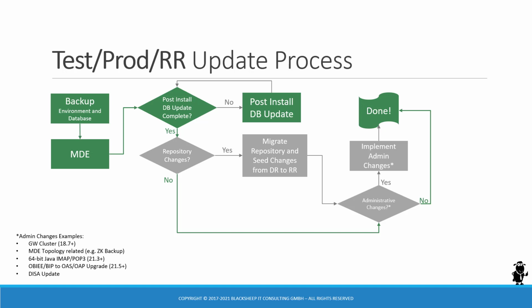Administrative changes on test or production environments could, of course, also introduce additional efforts, such as, for example, updating DISA to the latest version to get the latest fixes and features for that part of Siebel.